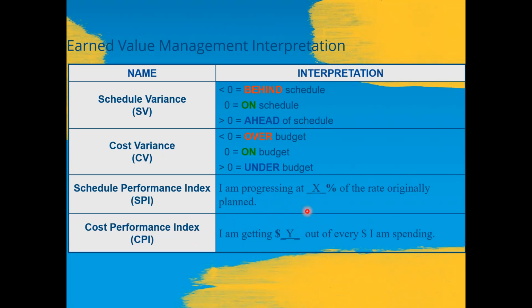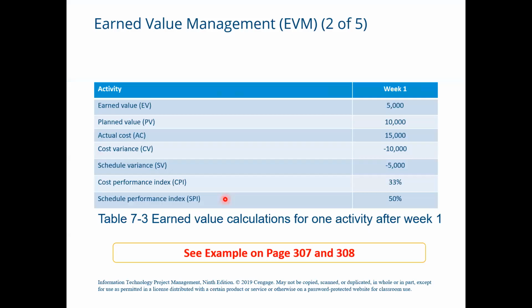So we will understand more about these terms and their purpose with the help of the example. This slide is actually from your book; you can see the example on pages 307 and 308, and it shows the earned value calculations for one activity after 1 week.